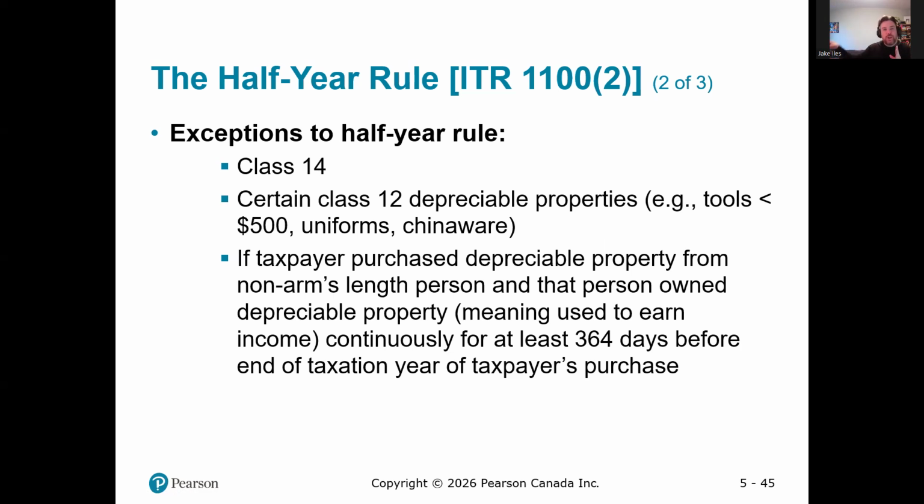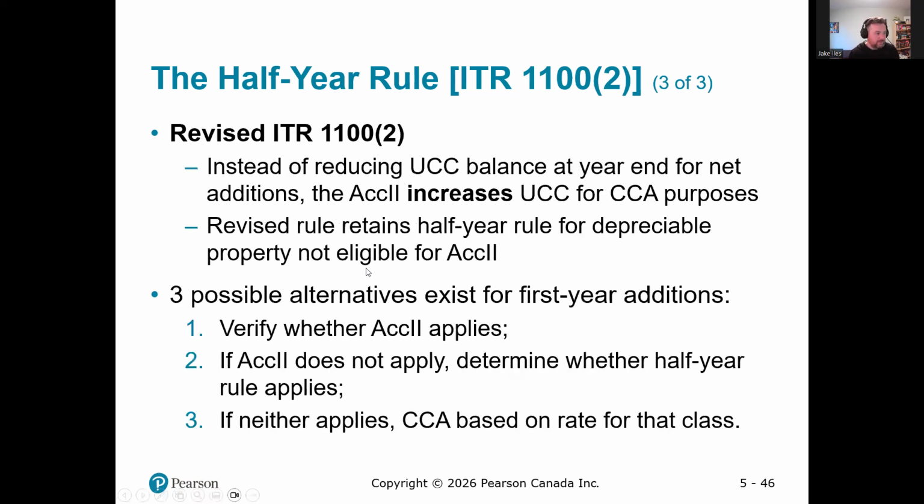The machine's new to them, but not new to us. So they don't get the half year rule. If I had sold it to a third party who I didn't know, it's new to them. It's not a new machine, but it's new to them, so they can take the half year rule. So this exception for non-arm's length individuals removes the half year rule.